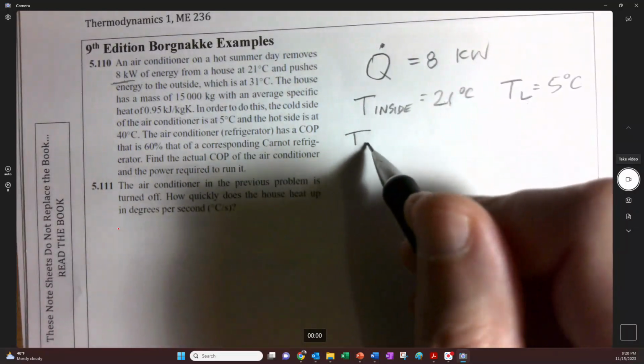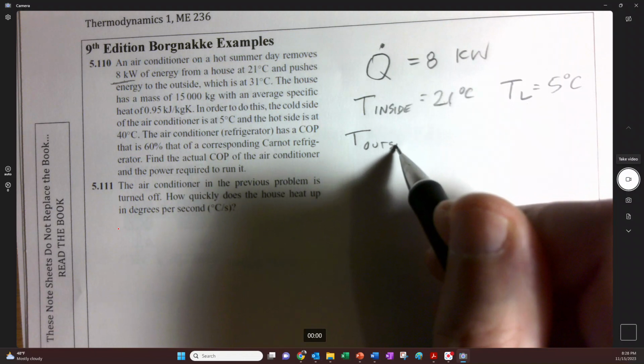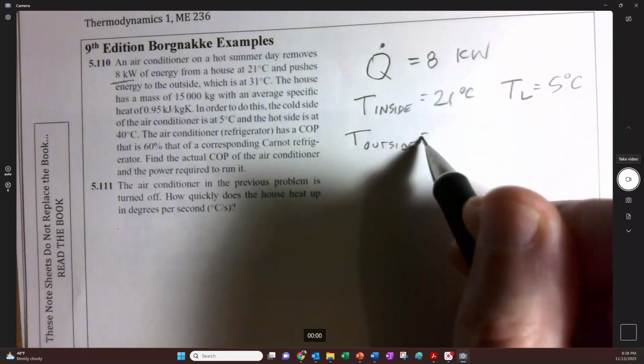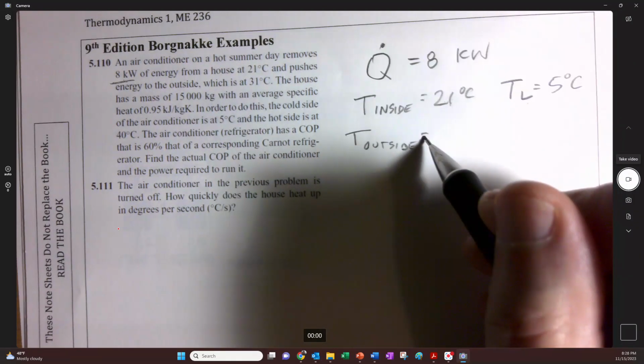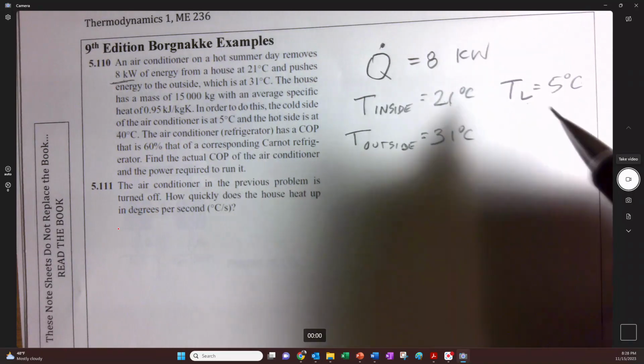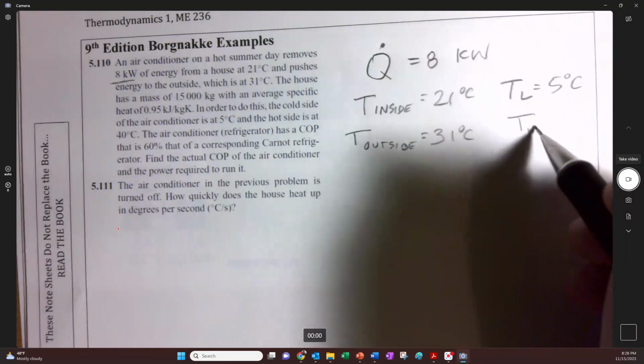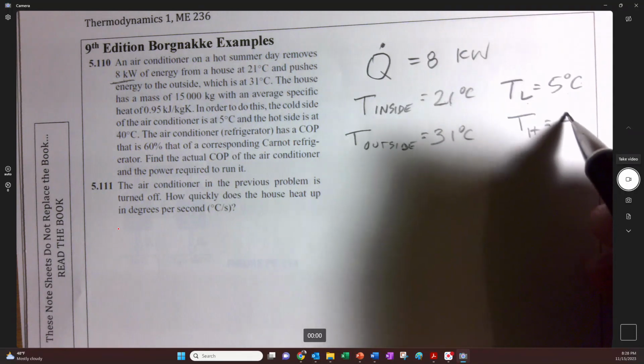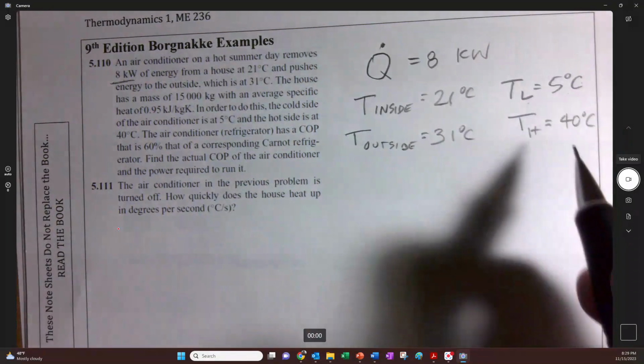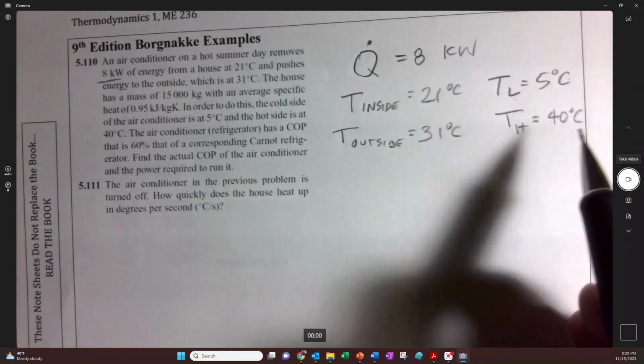And then the same thing for the outside temperature, 31 degrees Celsius. And then the heat rejection is at 40 degrees right here.